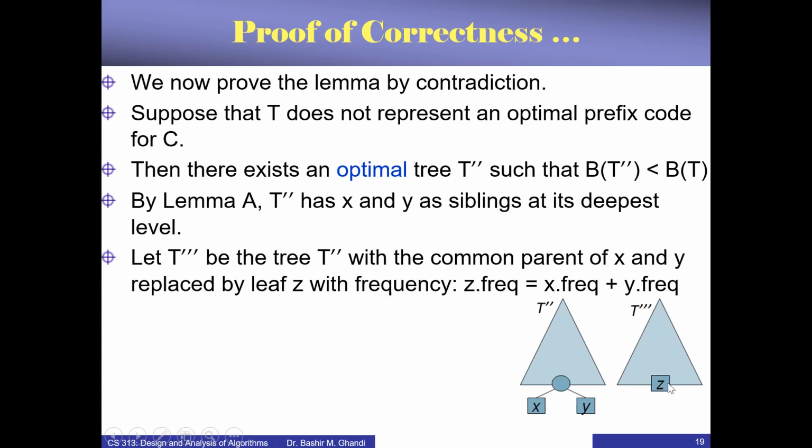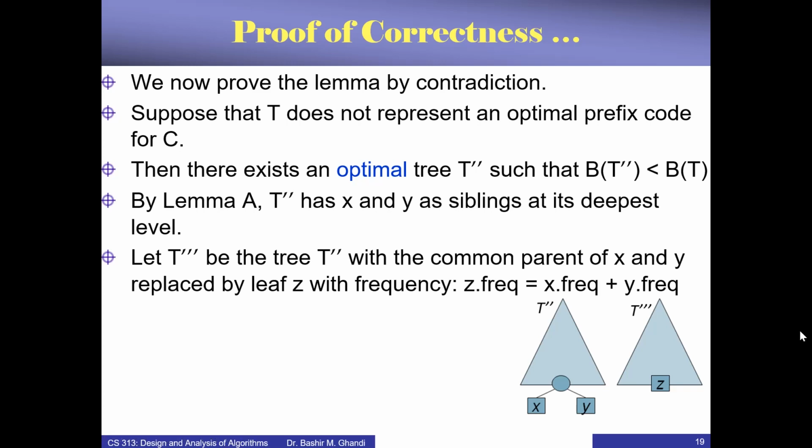So let us obtain another tree by replacing this node, which is a leaf node, Z, whose frequency is the sum of frequency of X and Y. Essentially what we are saying is T double prime and T triple prime will have this similar relationship than the one we saw in lemma A. Okay, and we know what we obtained from the last slide.